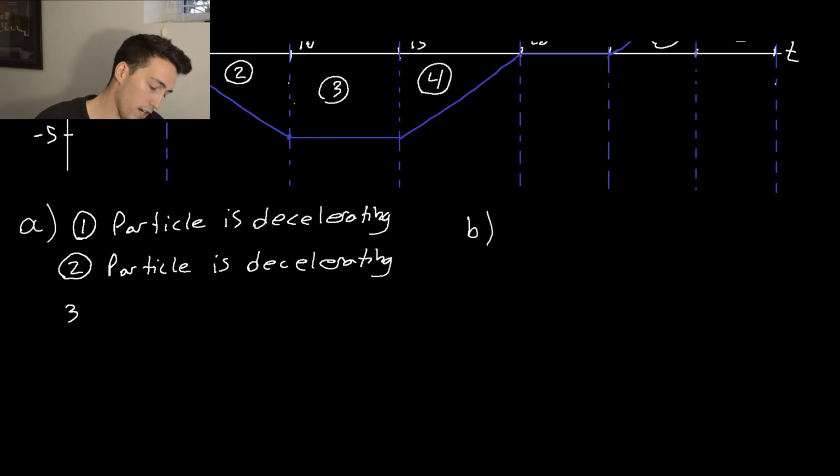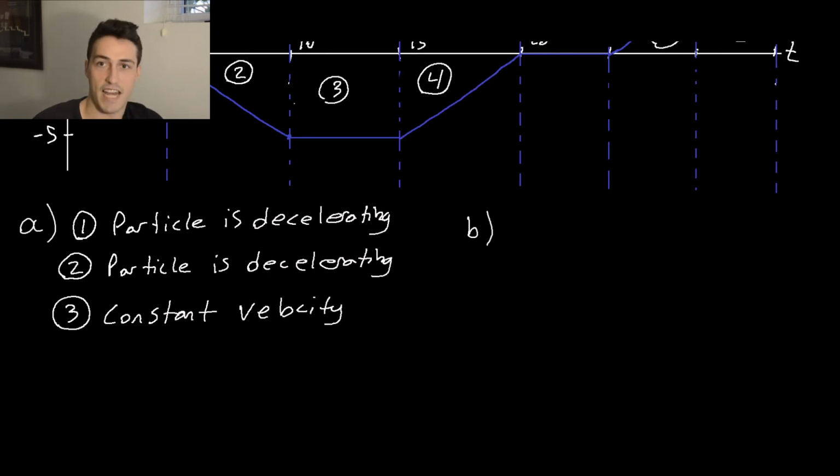Now we have part 3, where we have a horizontal line. So a horizontal line, for whatever graph we're on, just means that it's constant. So we have constant, and what graph are we using? It's velocity versus time, so we have constant velocity. And it's actually in the negative direction, we could say, because it's below the time axis.